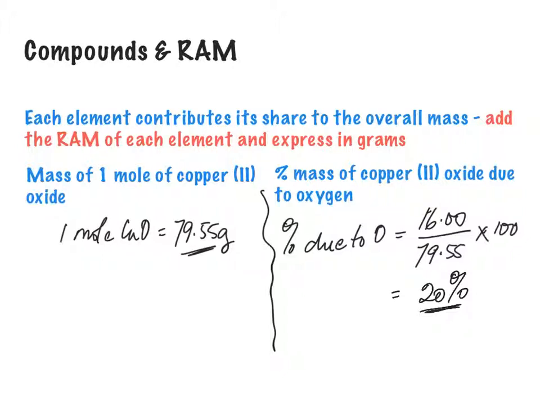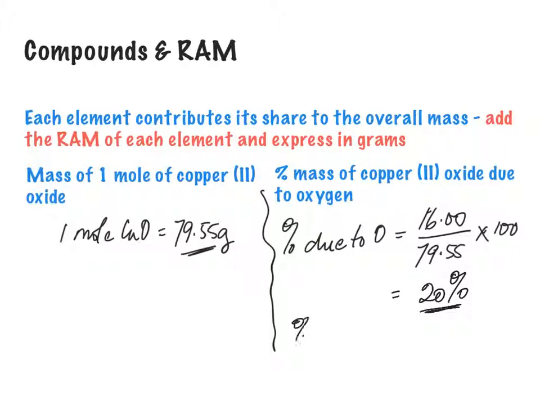No matter what the chemical is, you start off by writing its formula. Make sure it's correct. Then you can work out how much 1 mole is. Then from your periodic table, you can work out the ratio of each of the elements. If it's got 10 different elements in it, it doesn't matter. The same rules apply.